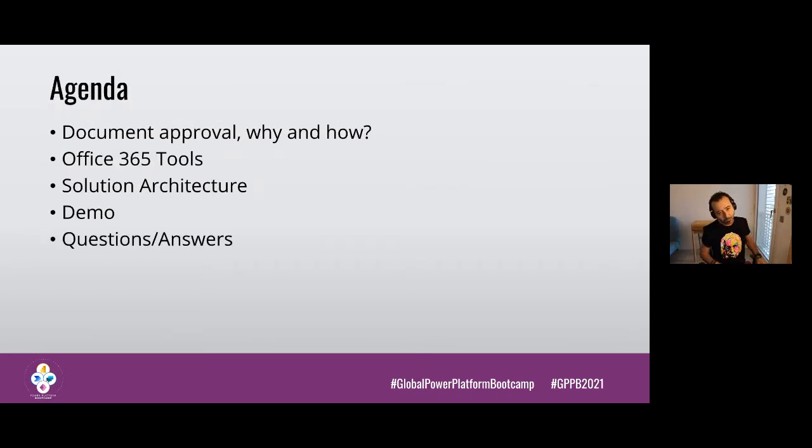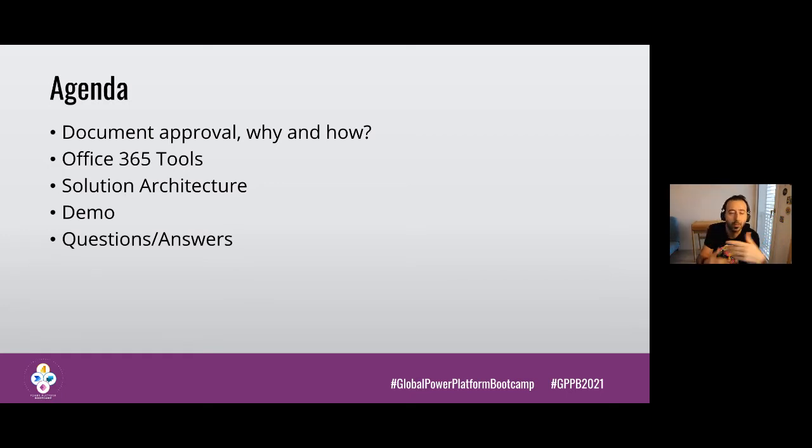The agenda for today's session is: we're going to talk about document approval, the why and the how. Then we're going to have a look at the Office 365 tools that we have, in order to take a little bit of this and a little bit of that to come up with a solution.